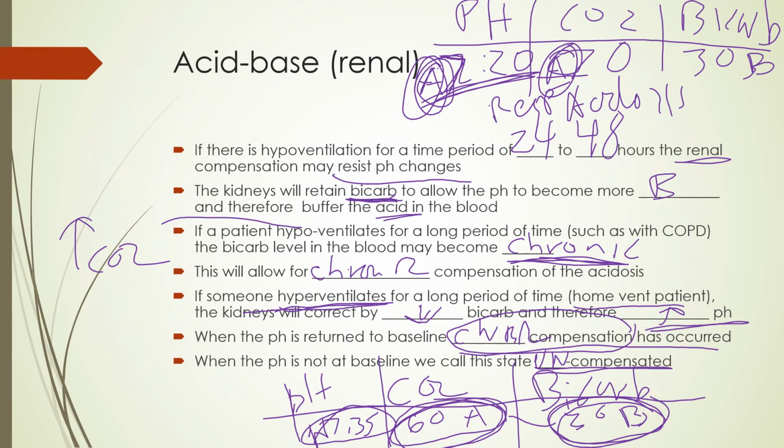So what's going on here? Is my bicarb level normal, or is it basic? Well, it's basic in this situation. So I have a partially compensated respiratory acidosis going on here, right? And this is an uncompensated state. Uncompensated meaning my pH is not within the normal 7.35 to 7.45.